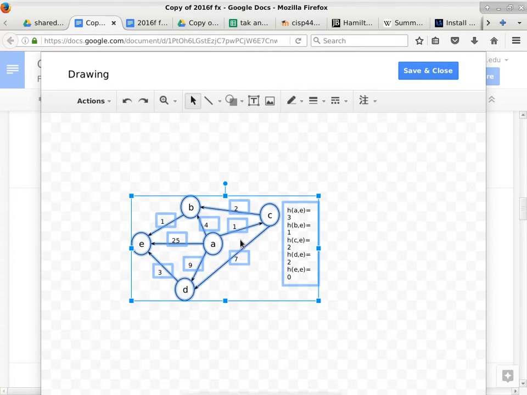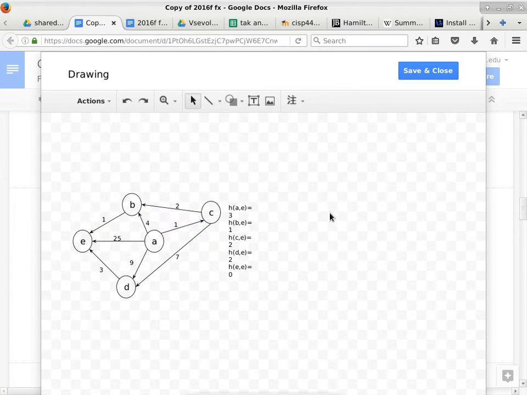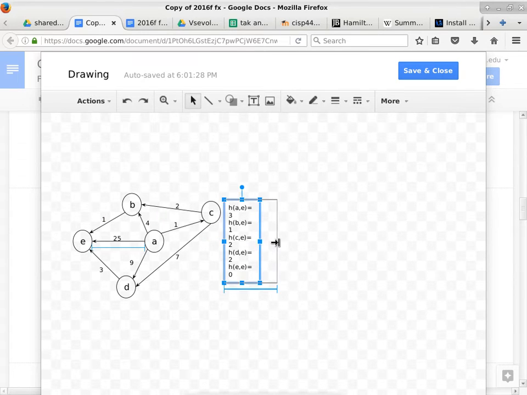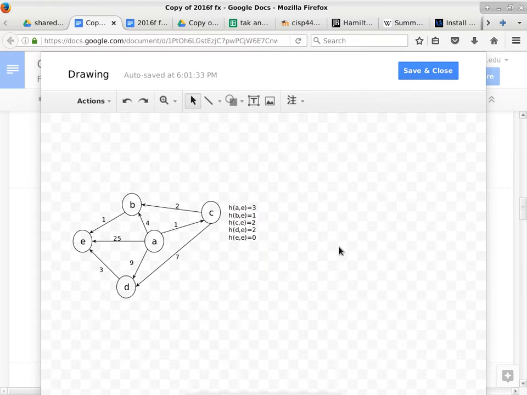Okay, so let's see. We can move this over here and make the text just a little bit wider. There we go. Okay. We know the shortest path is this one. We don't want to change that. We just want to mess around with the heuristics so that that is no longer going to be found. Okay?